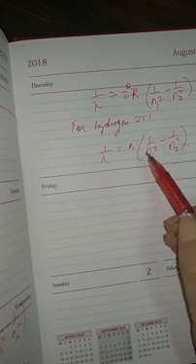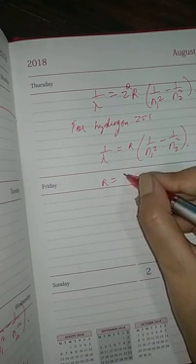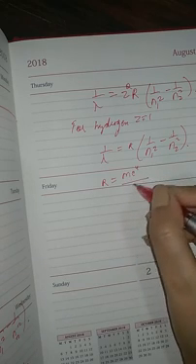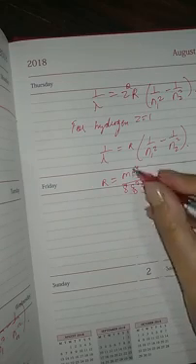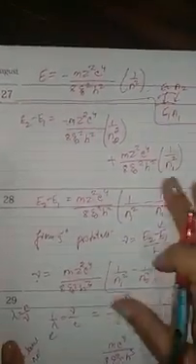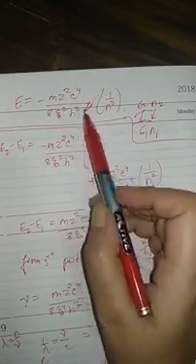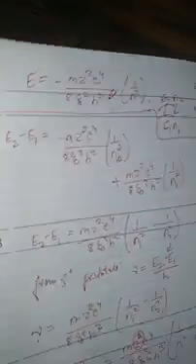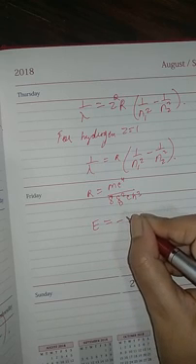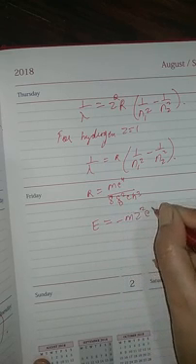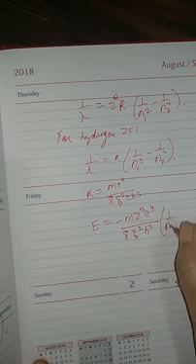So now the energy. What I've told you is the value of R is m e to the power 4 divided by 8 epsilon naught square c h cube. Now in the equation of E, suppose for all the constants I replace the value of R. The equation of E from equation number 4 was minus mz square e to the power 4 divided by 8 epsilon naught square h square, 1 by n square.